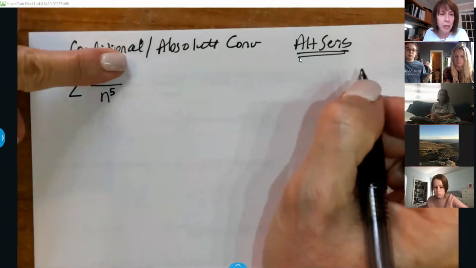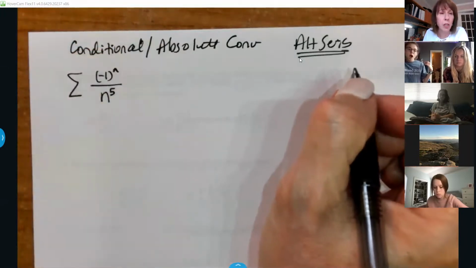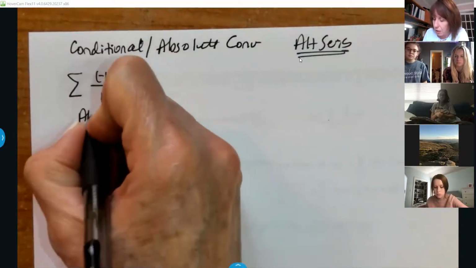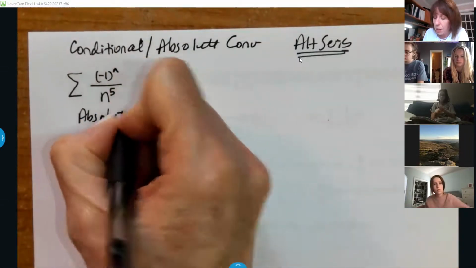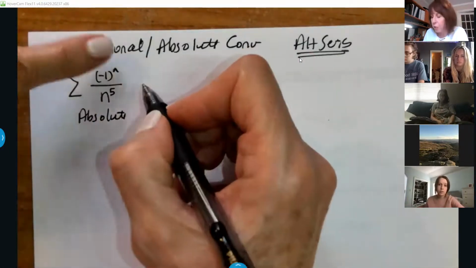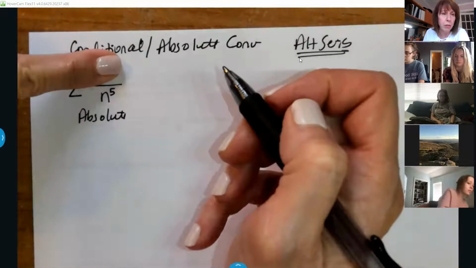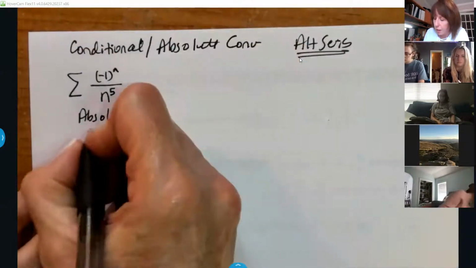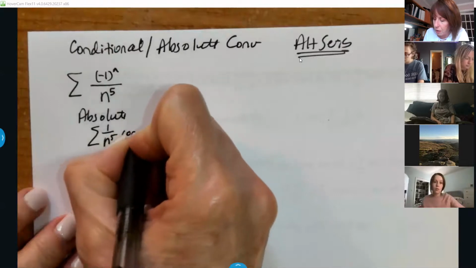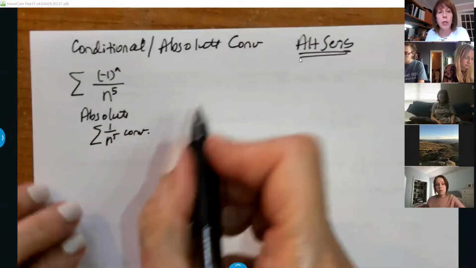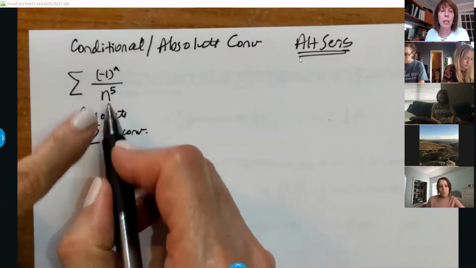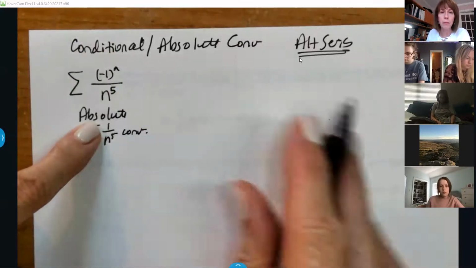That way, without the -1, it would still converge. That's absolute convergence. So absolute is when your series converges even without the alternating part. So if it converges without the alternating, then with the alternating, it will absolutely converge.